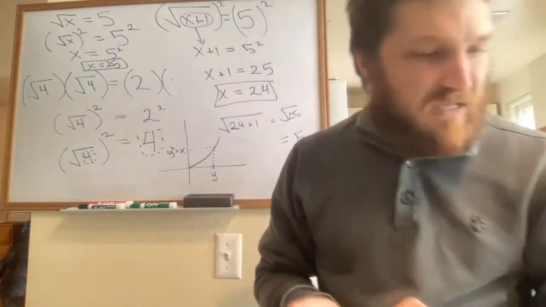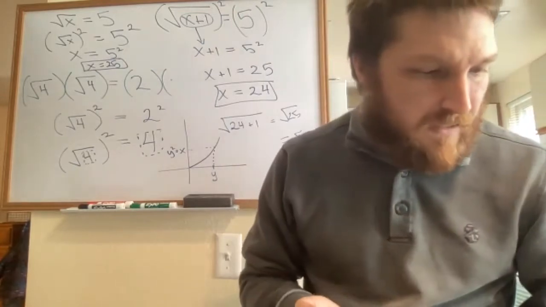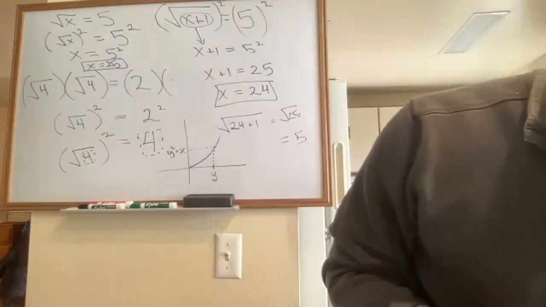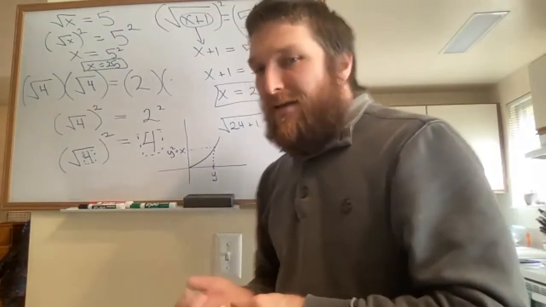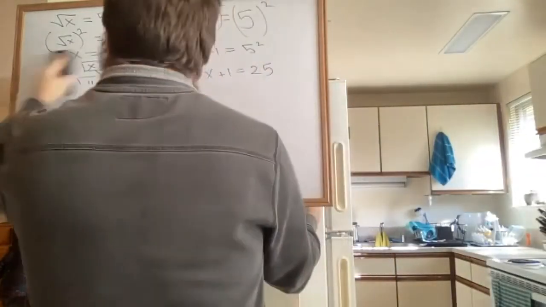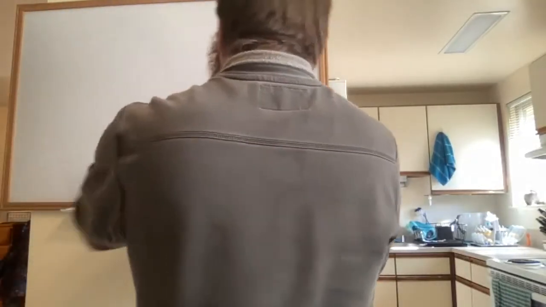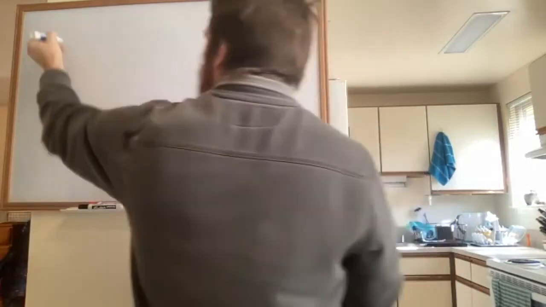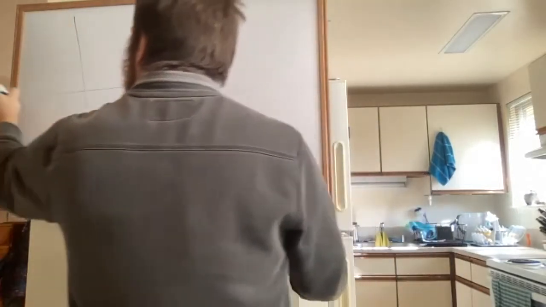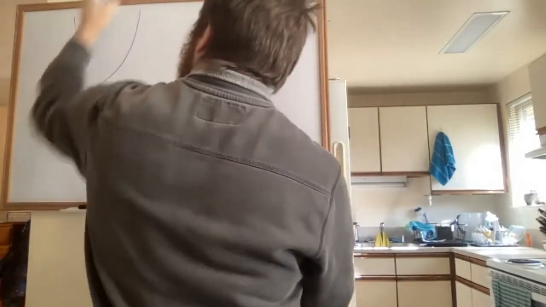The final thing we need to talk about is domain. It's dealing with square roots, and cube roots and all kinds of roots. So back to our first picture, we had a parabola.